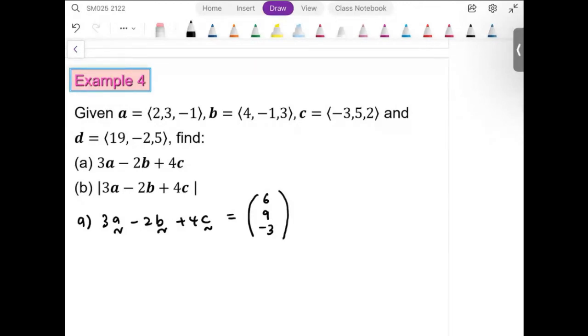Okay, minus with 2B means every element in B times by 2, we get 8, negative 2, and then 2 times 6. And then plus 4C, every element in C times by 4, so negative 12, 28.